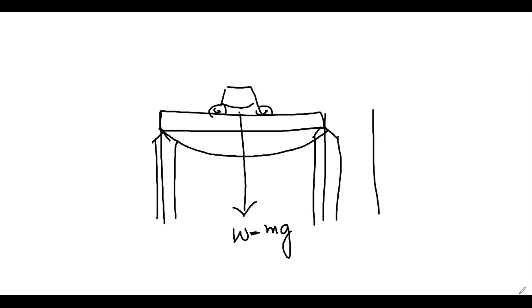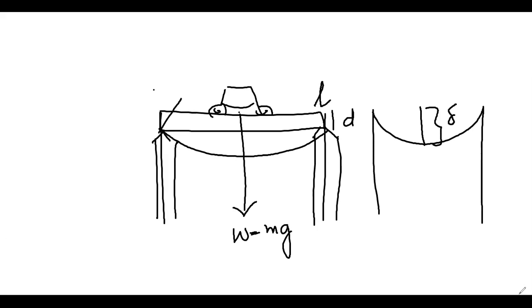So what will happen? The bridge bends. The bridge bends to such a depth. This depth is called delta. And if I assume the length of the bridge to be L, the thickness to be D, and the width of the bridge to be B, right? And this bending is going to be inversely proportional to the Young's modulus of the material of the bridge.